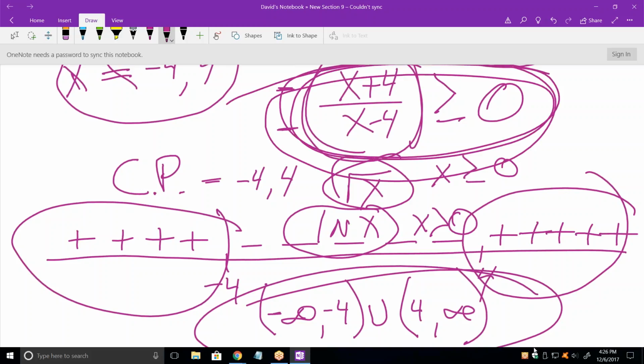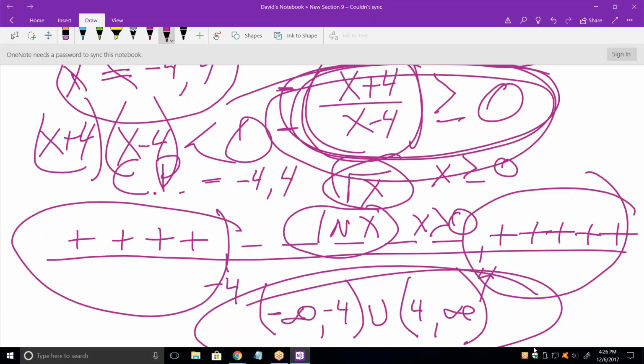It's very hard intuitively. Another problem that would be difficult is if I had x plus 4 times x minus 4, and that was, say, less than 0. Figuring out what values make that less than 0, the only way I know how to do it is by using a line chart.